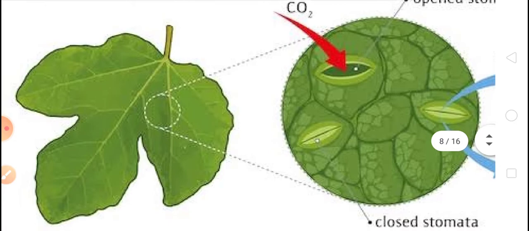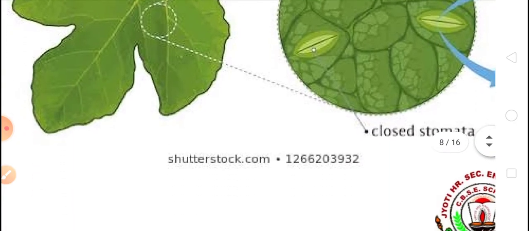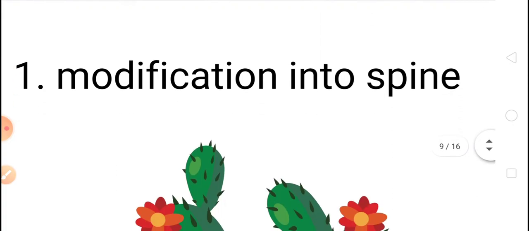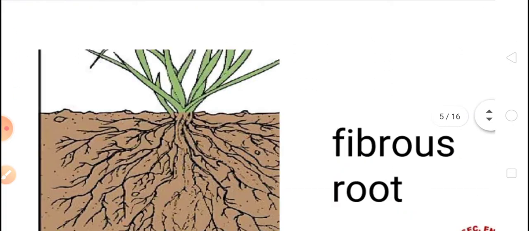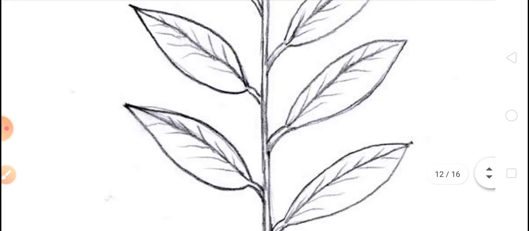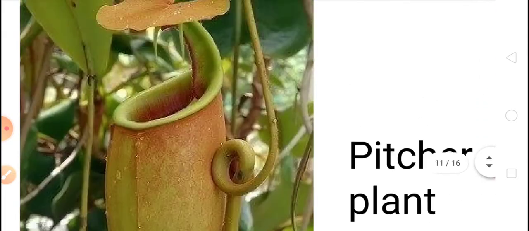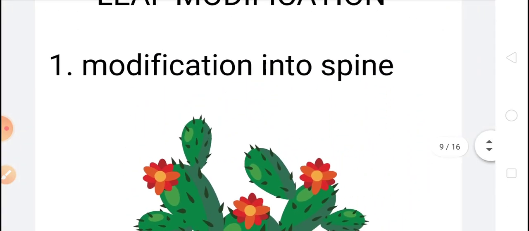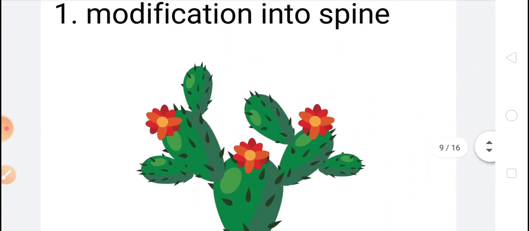Now move to the next topic, modification of leaf. I have already told you what we mean by modification. Modification means the plant makes some changes in its body to adjust itself to a changing surrounding or changing climatic condition.